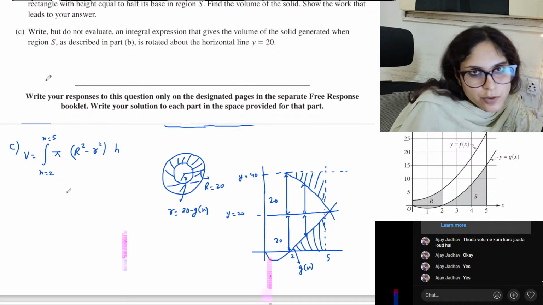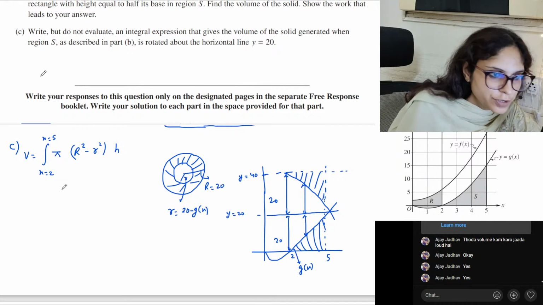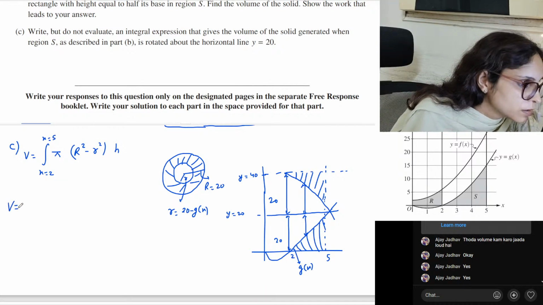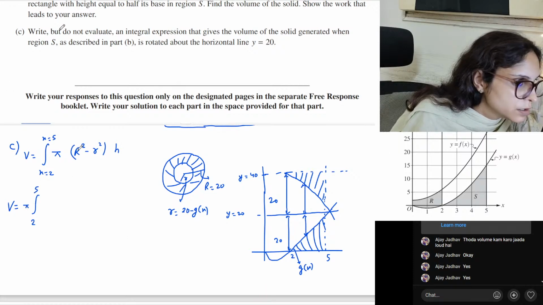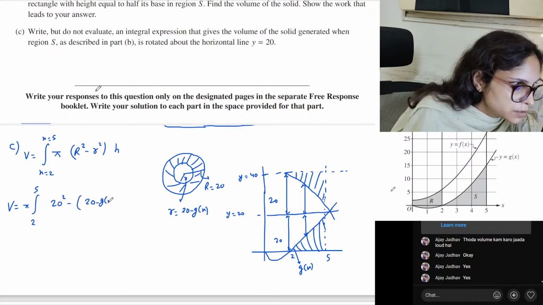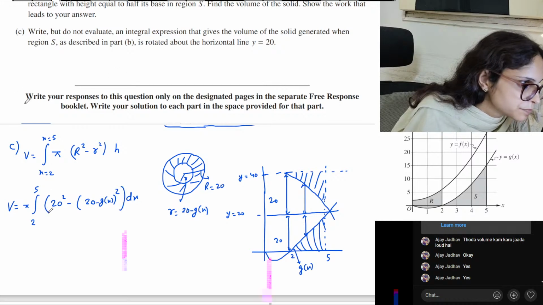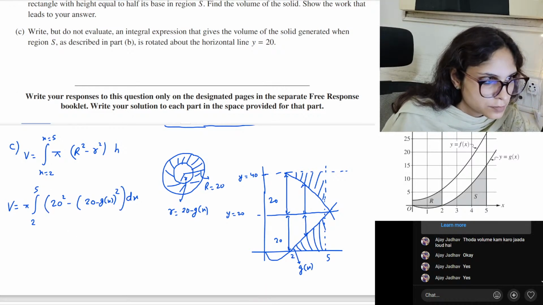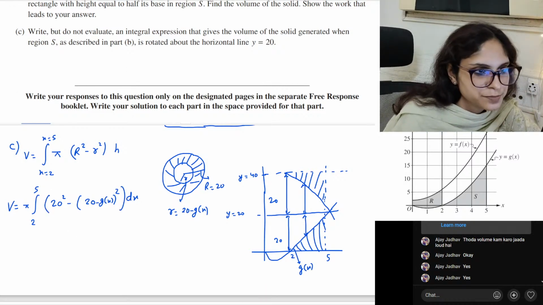And again, because it is bounded by region S, so we are going from 2 to 5. So we'll just write it. Pi will be outside. R is 20, so it will be 20 squared minus 20 minus g of x whole squared dx. That is your answer.